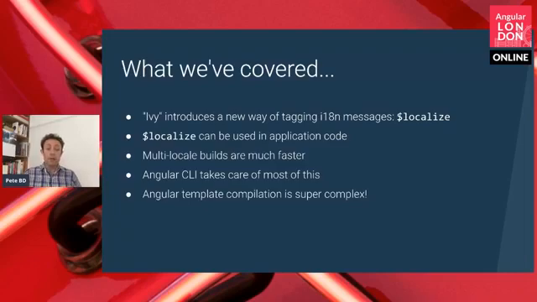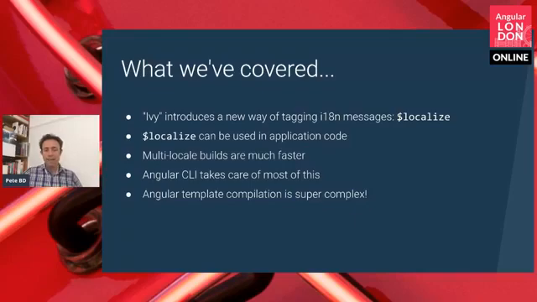If you're building lots of different copies of your application in different languages, then it's now much faster to do that. The Angular CLI pretty much supports all of this out of the box. It's a fairly straightforward process to configure it to generate all of your different copies of your application in different languages.